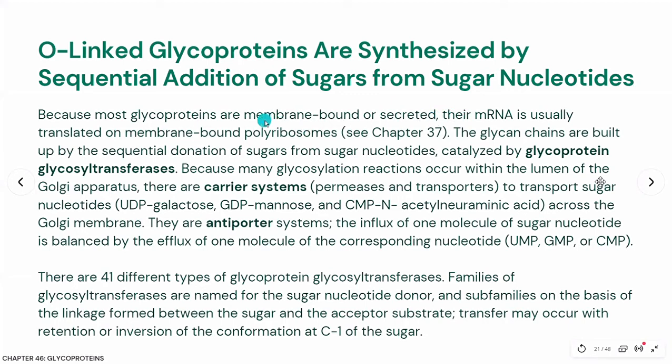Because most glycoproteins are membrane bound or secreted, their messenger RNA is usually translated on the membrane-bound ribosomes.